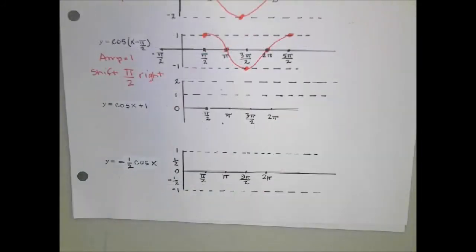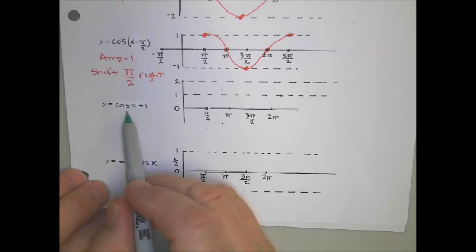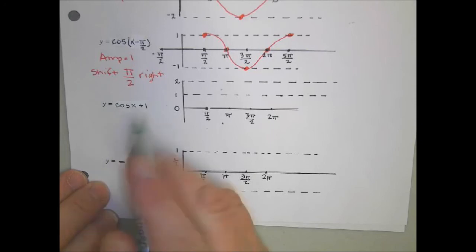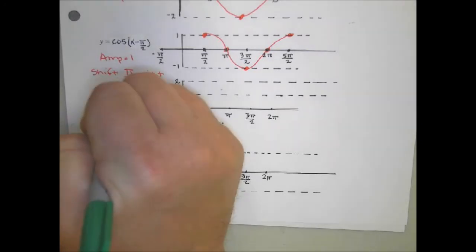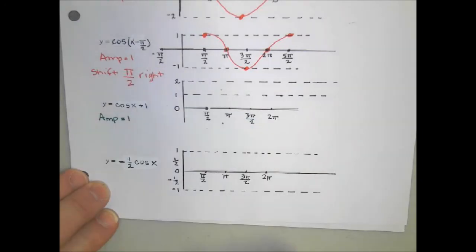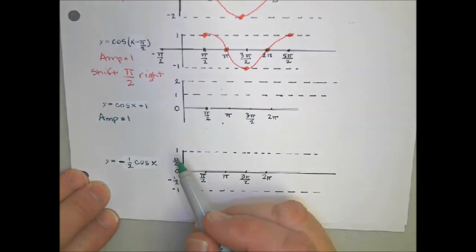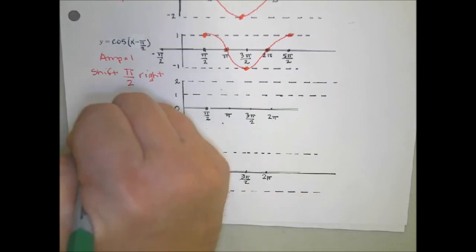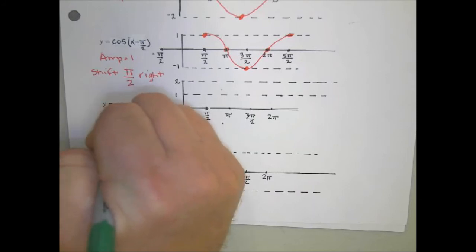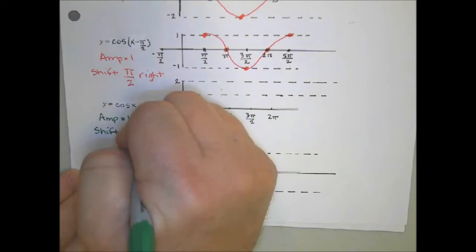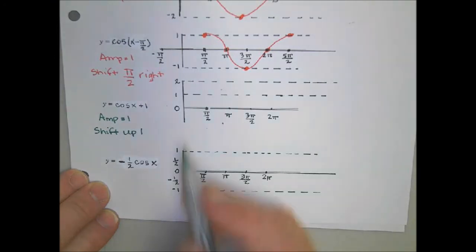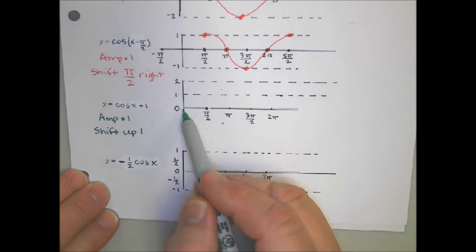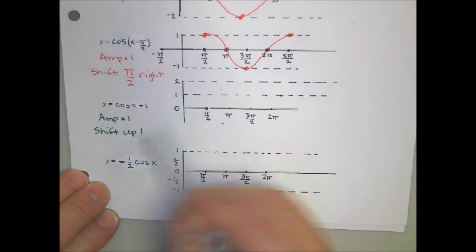For my next example, we're going to go back to amplitude 1, y equals cosine x plus 1. The leading coefficient in front of cosine is 1, so it's amplitude 1, which would normally make the max and the min at positive 1 and negative 1, but this plus 1 at the end of the equation indicates a shift of up 1. So my max is now going to be at 2, and my min is now going to be at 0, because everything shifted up 1 unit.